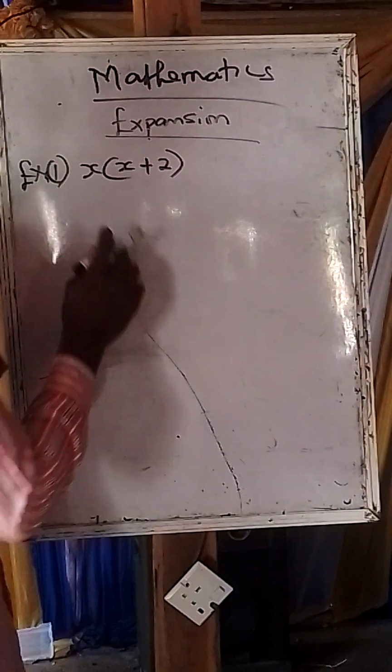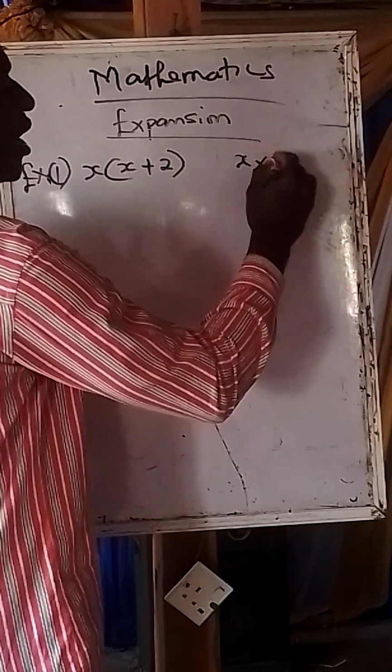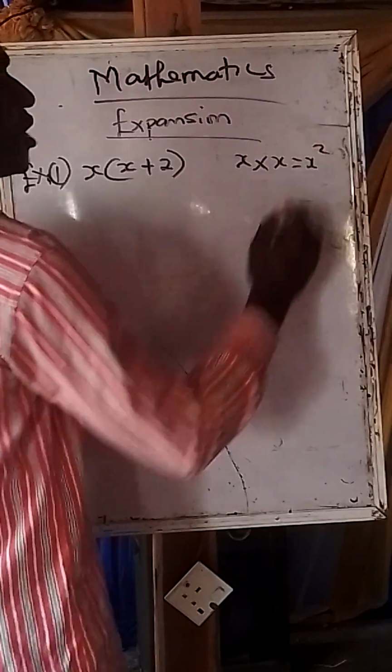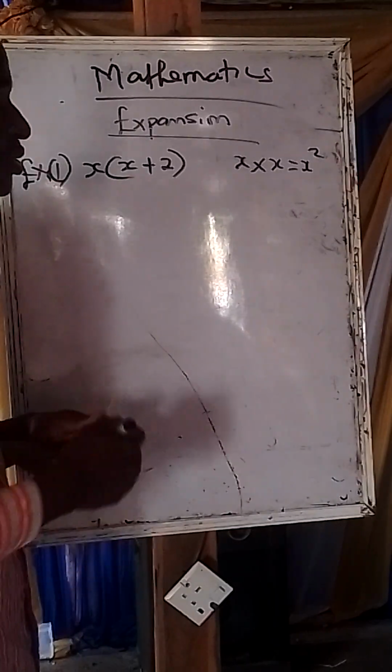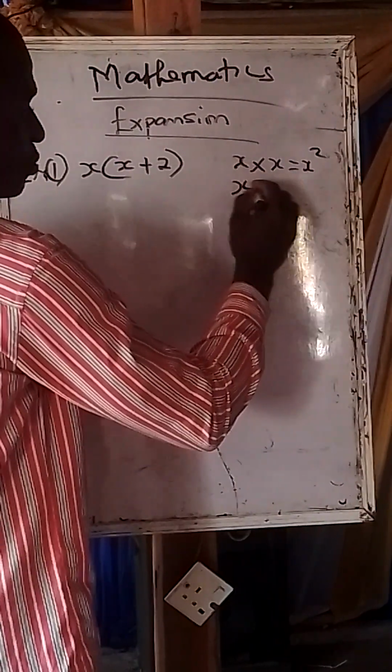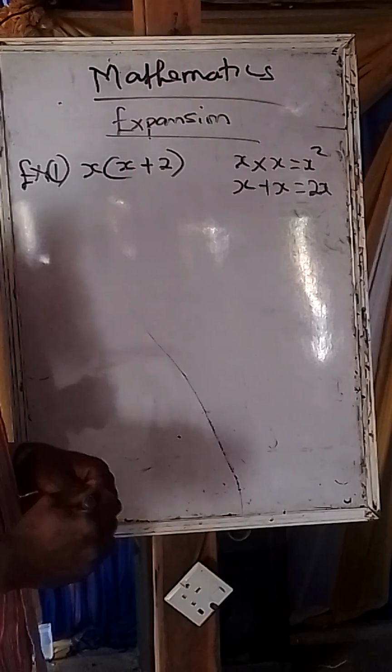So let's do what we have here. And before I go into this, don't forget x times x is equal to what? X squared. There are some people that are still missing this aspect of mathematics. And don't also forget that x plus x is equal to what? 2x. There are two different things entirely.